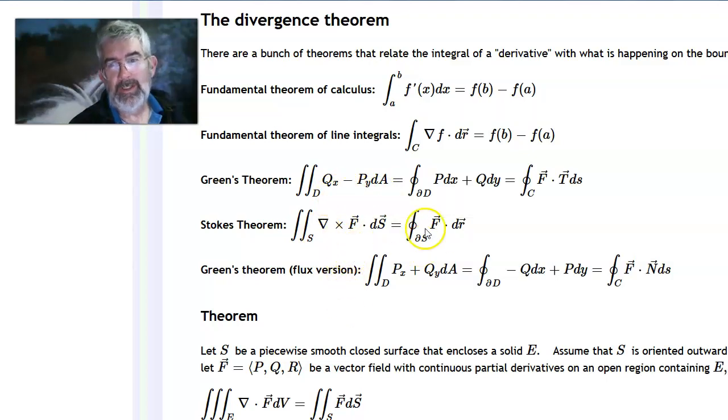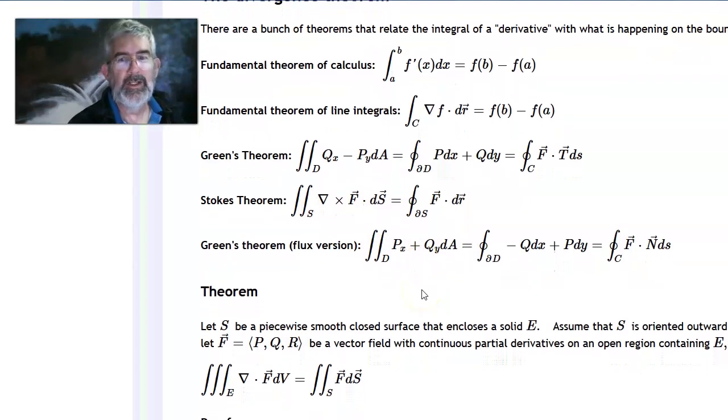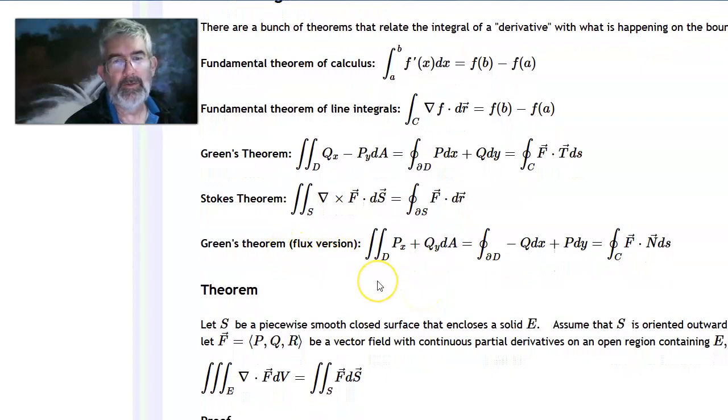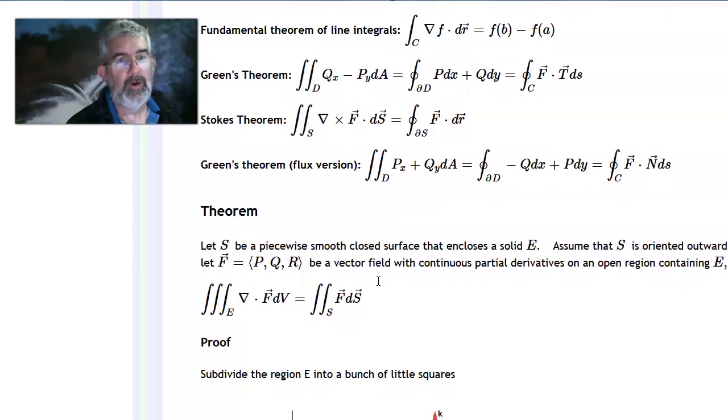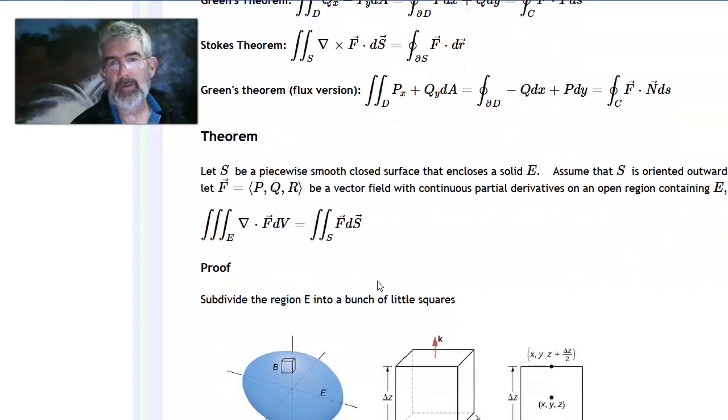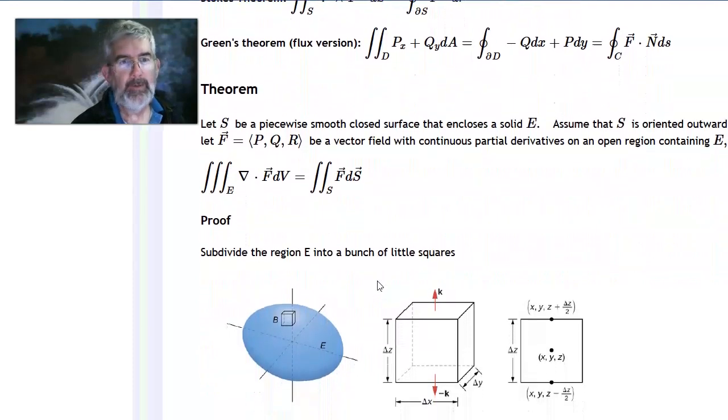So we have the 3D equivalent of Green's theorem original version. Now we're going to have the 3D equivalent of Green's theorem, the flux version. And that's what's called the divergence theorem, or sometimes called Gauss's theorem.